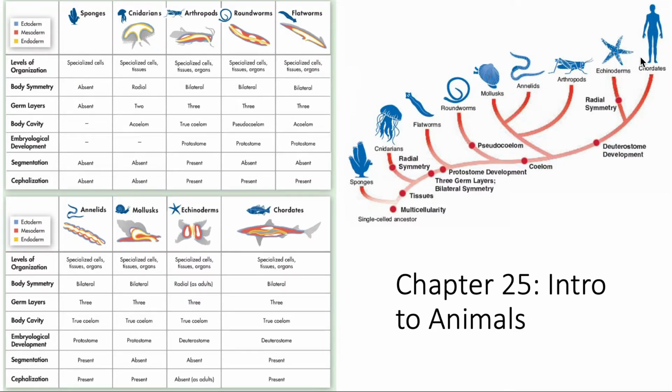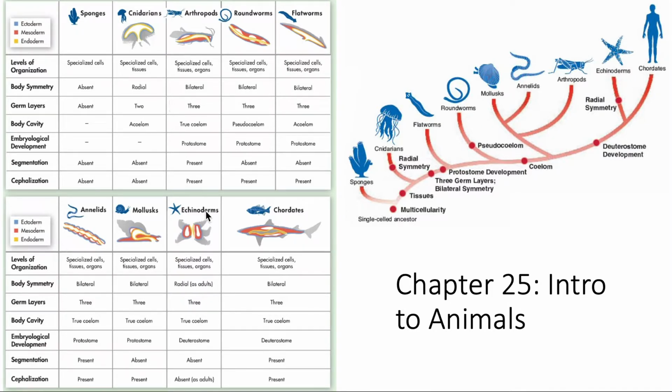All right, so this cladogram here is showing that you have the most simple here being sponges. If you look, they don't have anything. They have specialized cells. That's pretty much it. Then you have cnidarians here, which are now going to have tissues and radial symmetry. So if you look here, special cells, tissues, radial, and they have two germ layers, so they don't have a third germ layer yet, and that's going to be pretty much growing in complexity as you go through this.